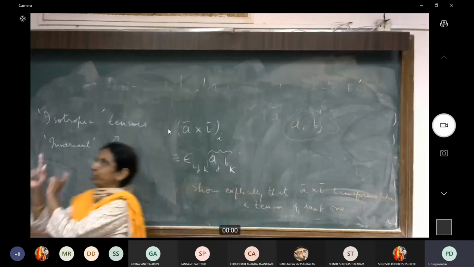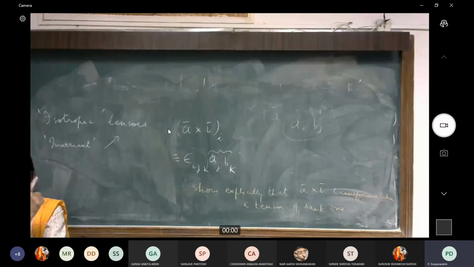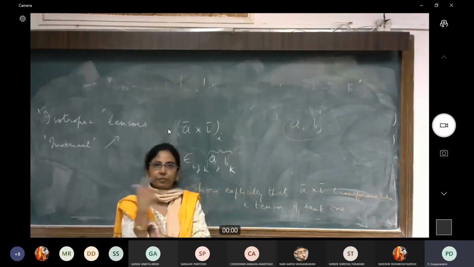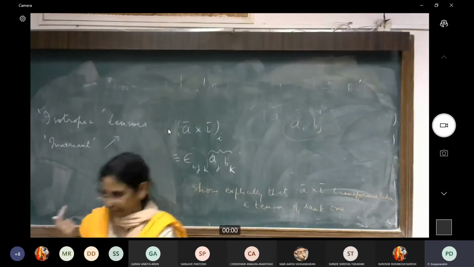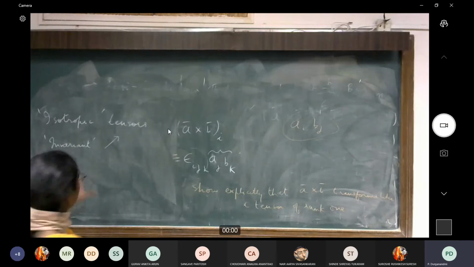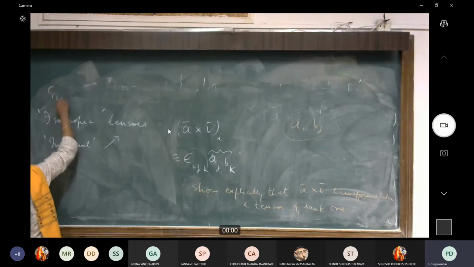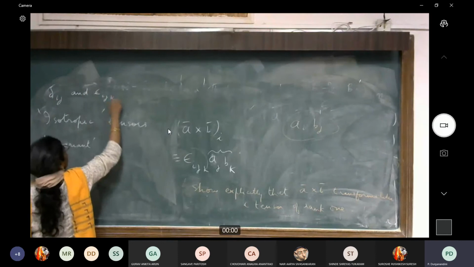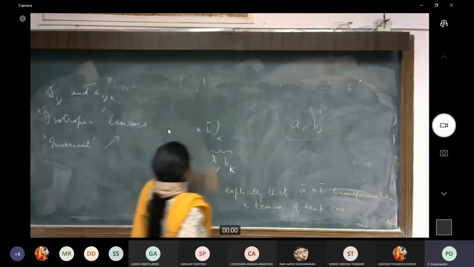Isotropic because actually what we're doing is a rotation transformation. So basically it's like I'm orienting my coordinate axes in a different way. And the fact that the components are not changing means that independent of your orientation, the tensor remains the same. That's what we mean by isotropic: it doesn't matter which direction I'm looking at, I get the same answer. So both delta ij and epsilon ijk are examples of an isotropic tensor.